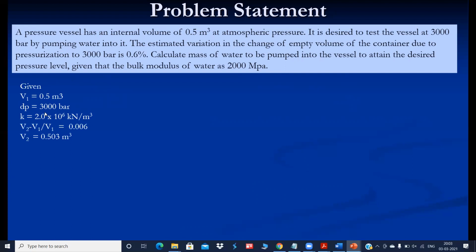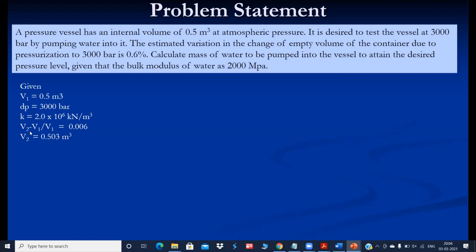Then the pressure desired is 3000 bar. K value of water is given. And the estimated variation, that is change in volume to the original volume, V2 minus V1 divided by V1, is given. This is not a volumetric strain because this expansion is because of the high pressure.